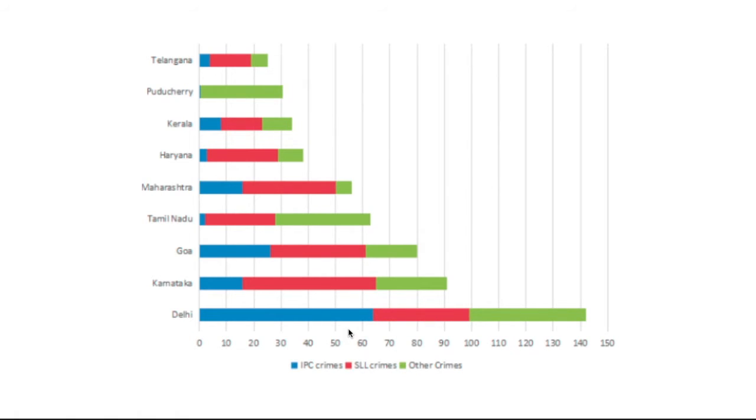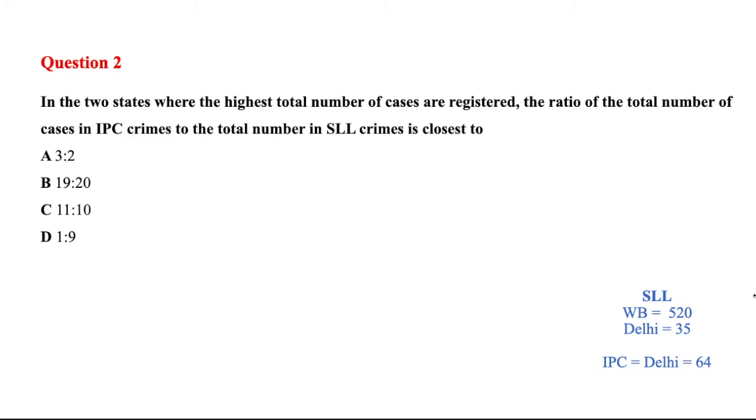And the second state is Delhi. We can see that Delhi has 64 IPC crimes, and coming to SLL, it is 99 minus 64, which must be 35. So here we have 35 Delhi SLL, and as we know from the question, West Bengal has 520 cases, and West Bengal does not have any IPC cases, so it is zero.